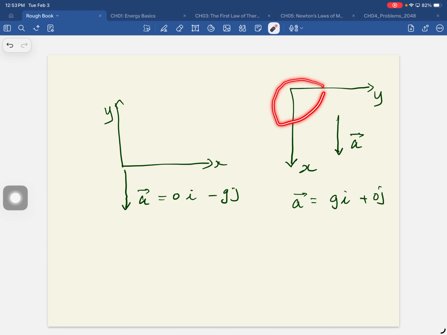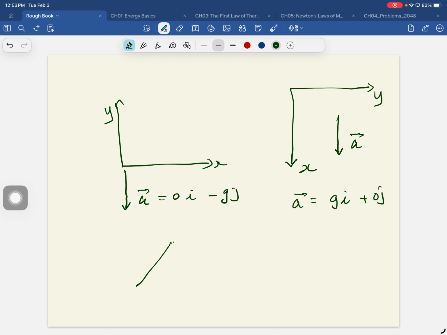In this language, this is how you say this. You're saying the same thing. If you want to make life hard for yourself, choose an axis like this, and then A will have an x component and a y component.